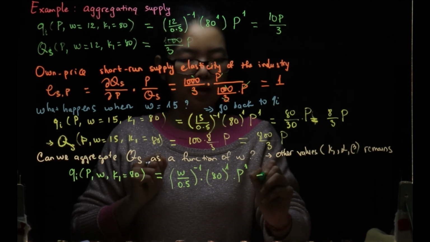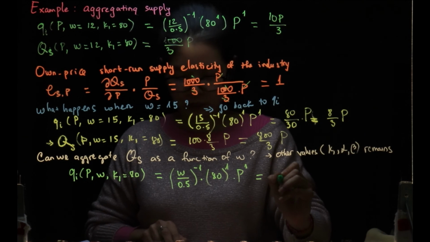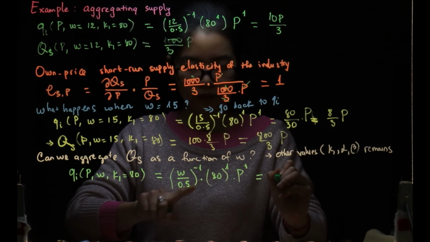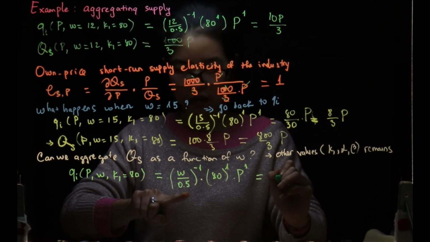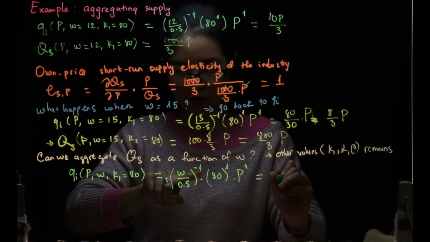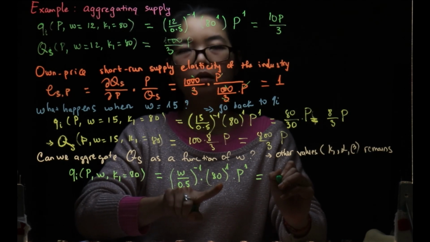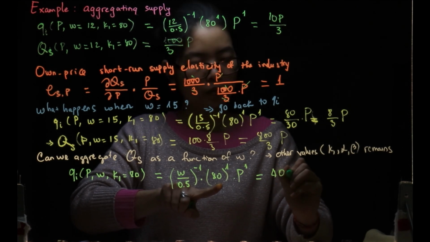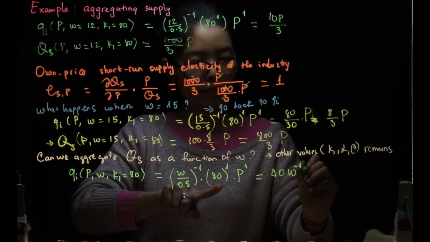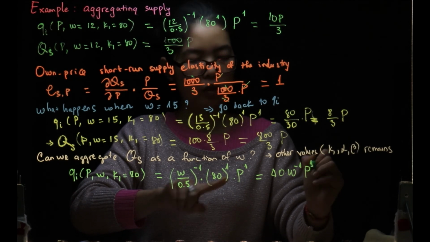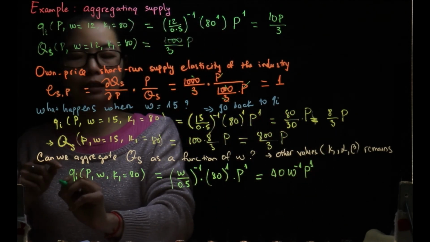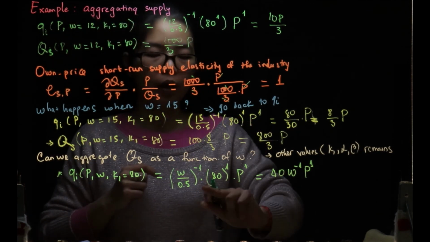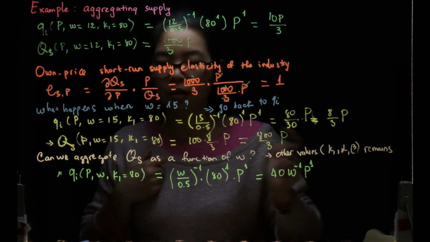Okay? And that we could simplify because you have 80 and here you have 0.5 to the power of minus 1, meaning times 0.5. That is 40. Yeah. W minus 1 rewrite, P to the power of 1 rewrite. And this is the individual supply function as a function of W and P.